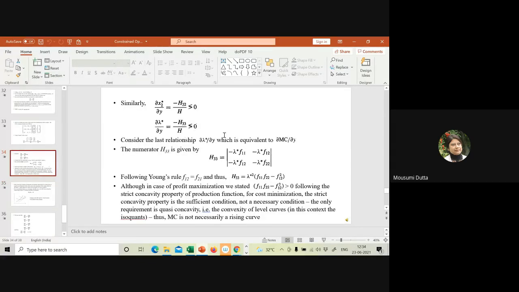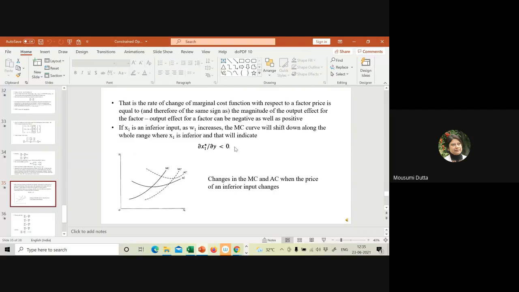When we are considering this kind of sign, del lambda star by del Y can be positive or negative. In other words, del MC by del Y can be positive or negative. That is incorporating the fact that the concerned input may be normal or superior, or it may be inferior. So that possibility is also there.